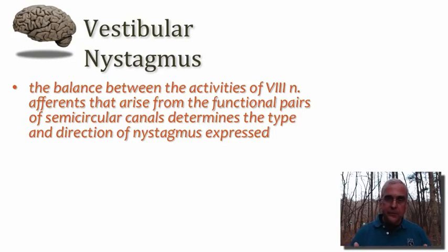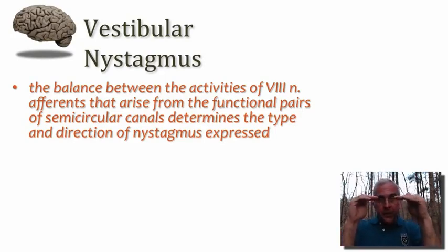And that balance is critical, because if the balance is offset, either because we are actually rotating our head or because there's hypofunction on one side of the vestibular system, then there will be a drive of the eyes consistent with the vestibulo-ocular reflex. So if we turn our head to the right, we're elevating activity in the right side, decreasing it on the left. That's going to drive our eyes to the opposite side.